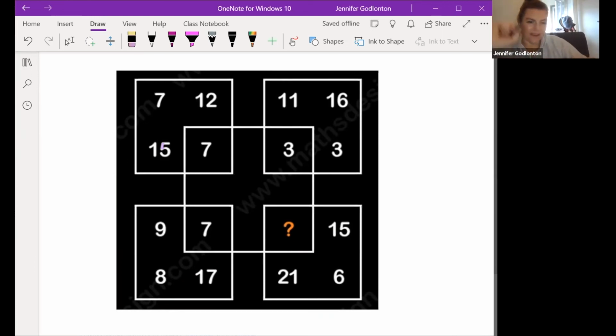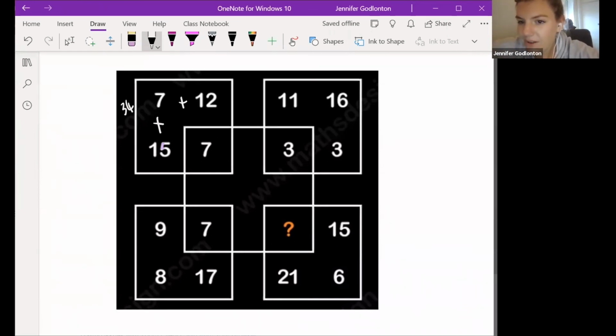Okay. So if we have a look, remember I told you to look within each square. So don't look at the middle square, look within each square. If I take 7 plus 15 plus 12, I get an answer of 34. I'm just going to write that for the moment.